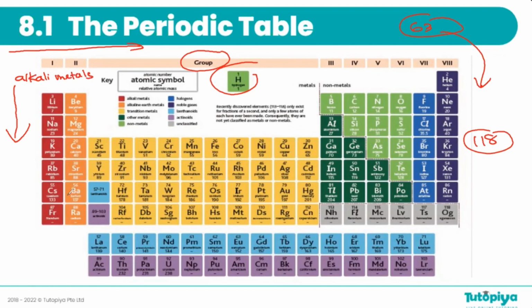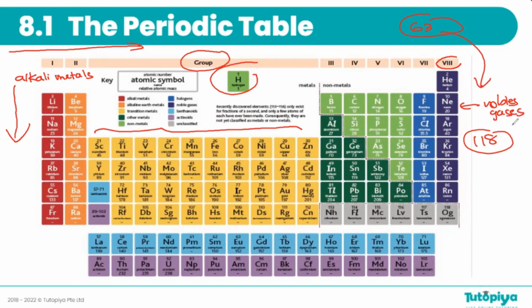Alkali metals are metals that make alkaline oxides, metal oxides. And the other name that you should remember is group 8, or sometimes you call it group 18 as well, considering these 10 elements. Group 8 or 18 is noble gases.